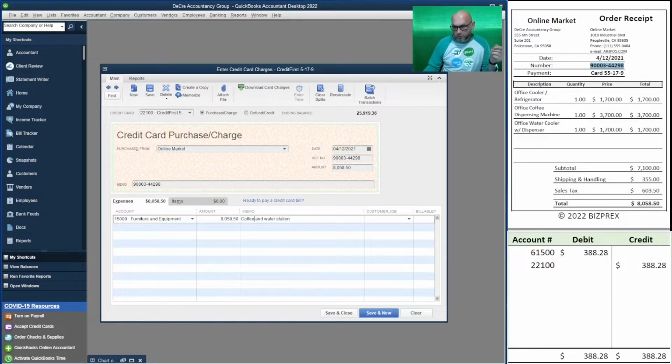Lump sum, it includes sales tax and shipping and handling into it. It has to be capitalized. And what happens here? Again, our asset goes up and our liability goes up because we funded purchase of these assets, of this coffee machine with water system, coffee and water station, by borrowing.